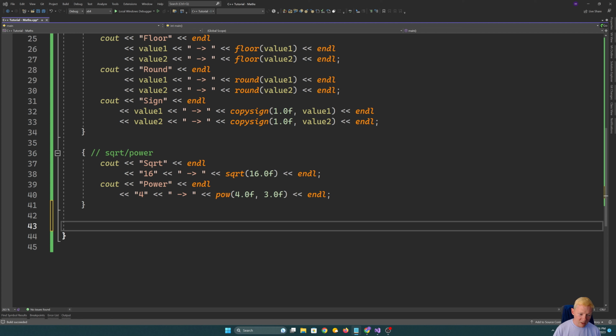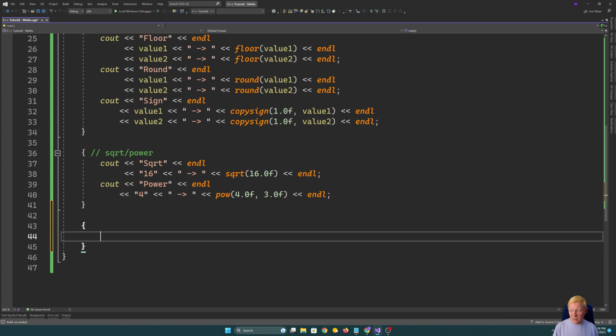What about our trigonometry functions? So trig is a pretty important thing, and in particular in game dev, trigonometry is something that we are often having to work with quite a lot. One of the big things with doing trig stuff is generally our functions are going to be working in radians.